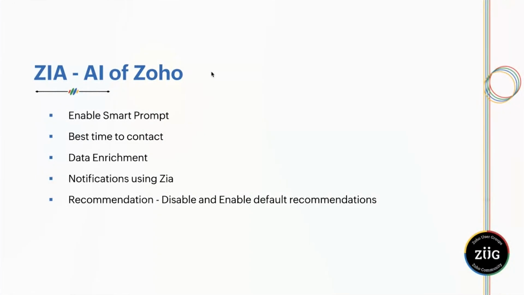And apart from this, you also have some inbuilt functions as well, where if you go into any record and open it, you can find out the best time to contact and the best time to email, which is identified automatically by Zoho CRM's internal AI called Zia.